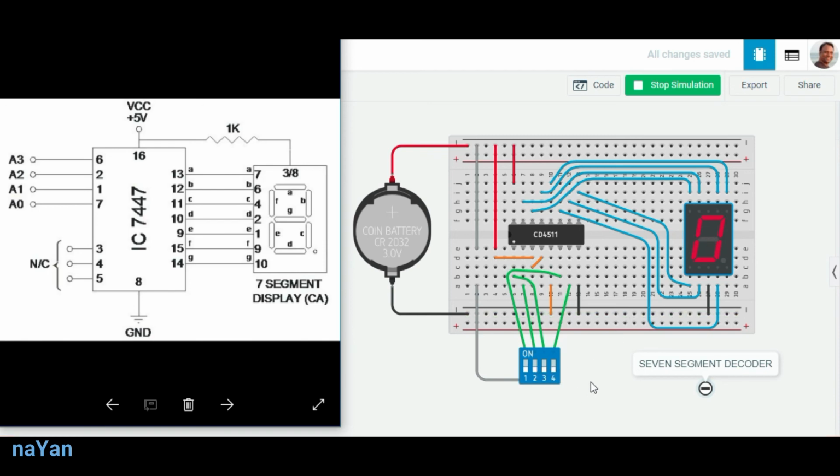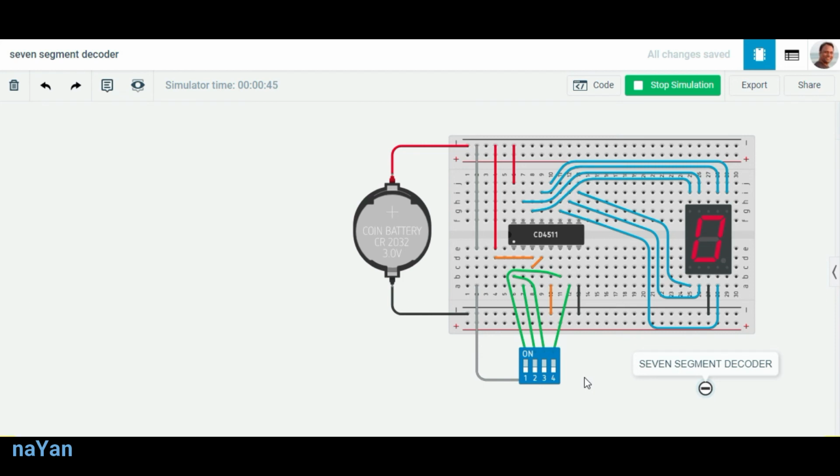In the same way, we change the inputs one by one.